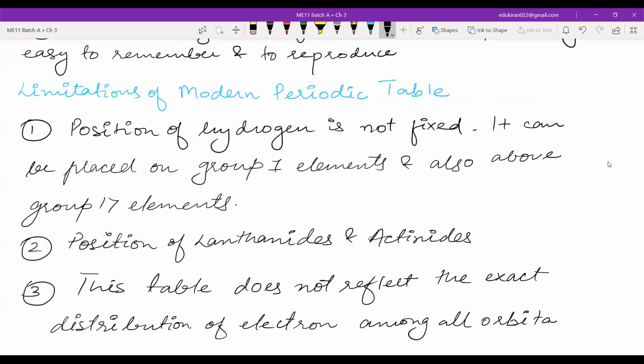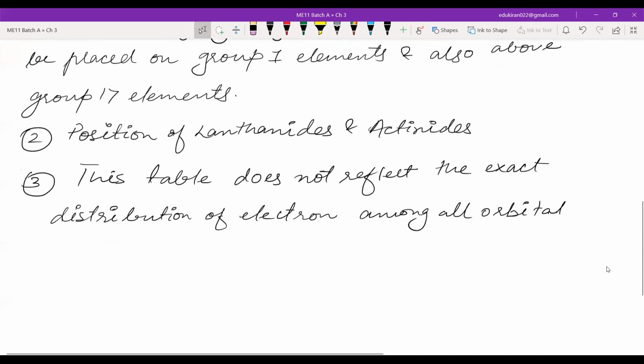That means here they are saying about the chromium, copper, and those exceptional electronic configurations. So this table does not reflect the exact distribution of electrons among the orbitals. It means how many electrons are present in which orbitals. It does not tell you about that among orbitals of atoms of elements.